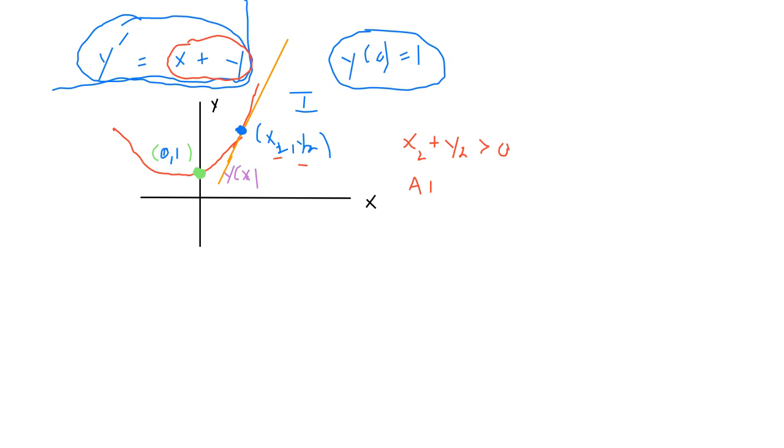In other words, at (x2, y2), y prime, which is x2 plus y2, has to be positive. And therefore, that's the reason why the tangent line has a positive slope. Are there any questions on that?